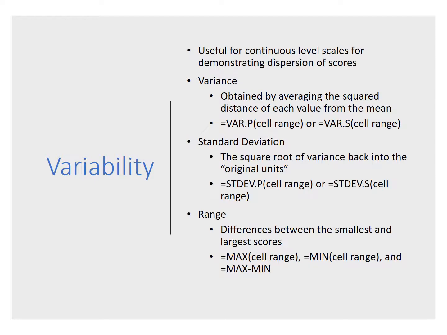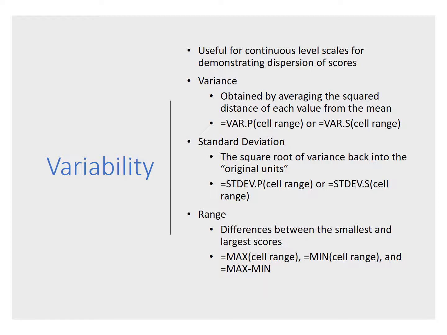Along with measures of central tendency, which tell us about the typical person in our sample, measures of variability tell us how like our sample is to that typical. So it's useful, again, for continuous data. It doesn't really help us describe ordinal or nominal data.